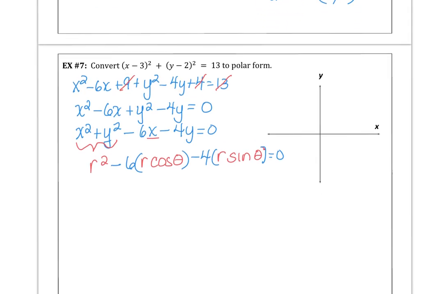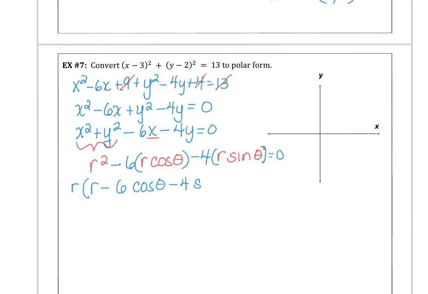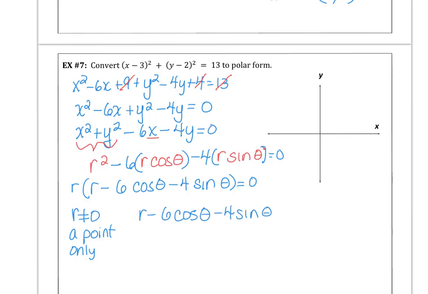We can factor out an r from all the terms. r times r minus 6 cosine theta minus 4 sine theta is 0. r can't be 0 because that's only a point. And we have left over r minus 6 cosine theta minus 4 sine theta is 0. So r is 6 cosine theta plus 4 sine theta.